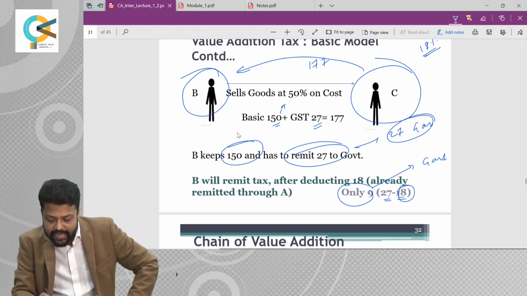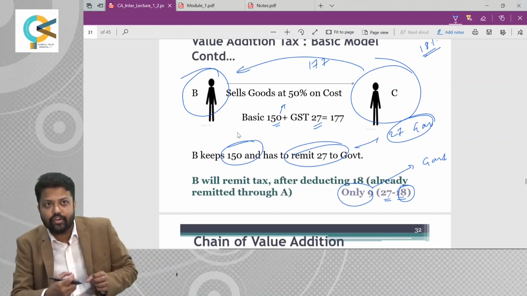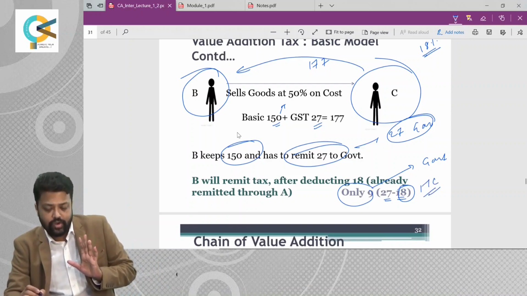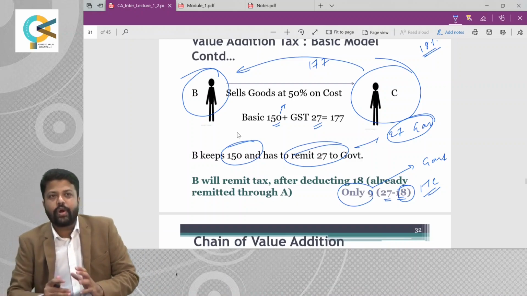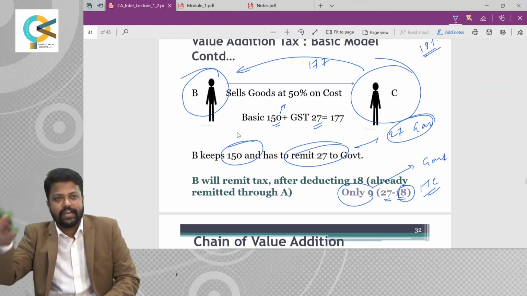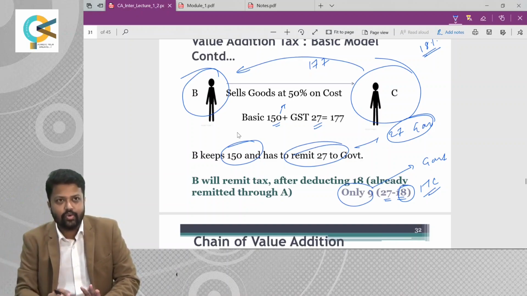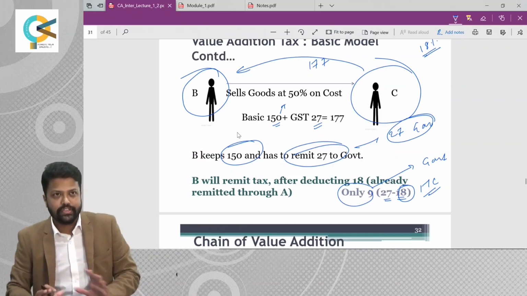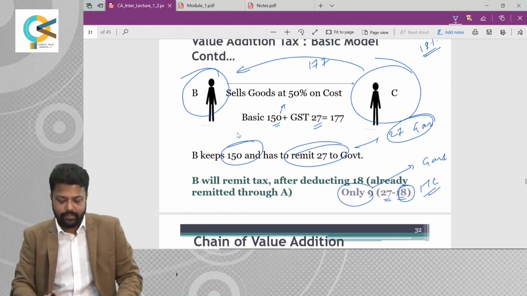So this 18, of which he has availed the benefit, is called input tax credit, or ITC, in GST language. We are going to understand this concept in a detailed manner later on when the input tax credit topic comes. But here, to understand the value addition taxation chain or model, we should know what ITC is.